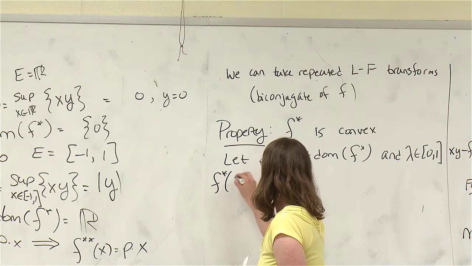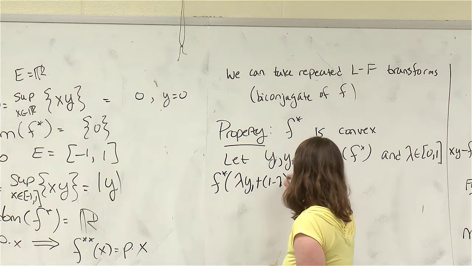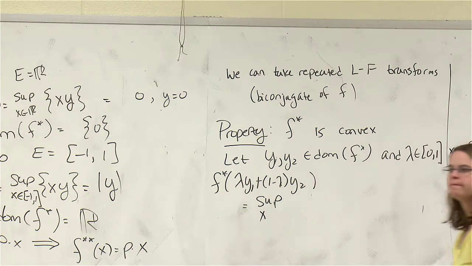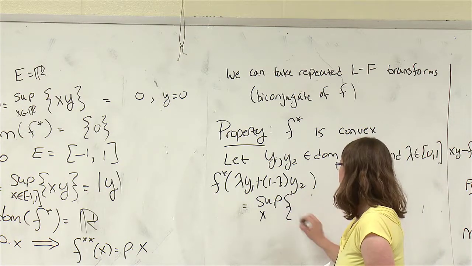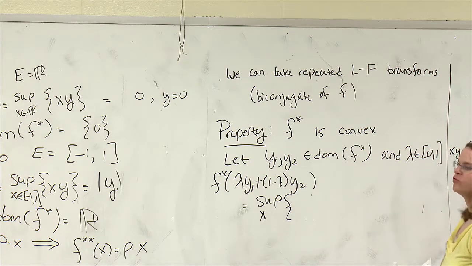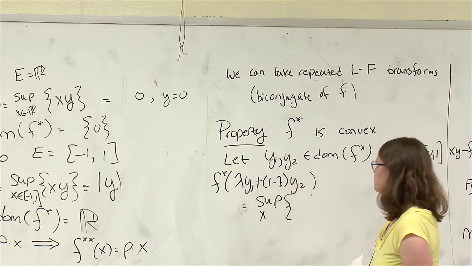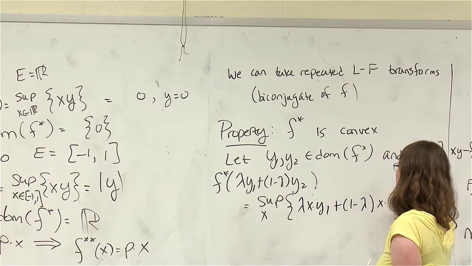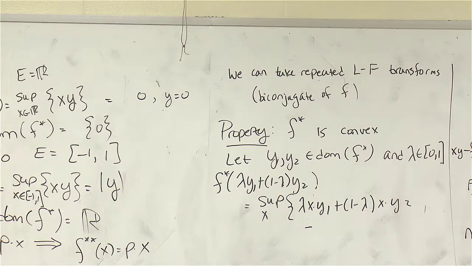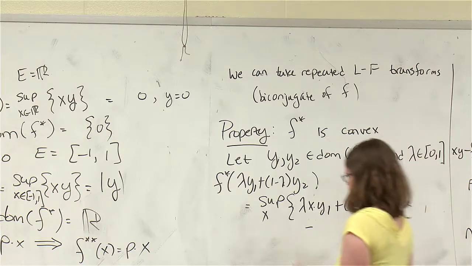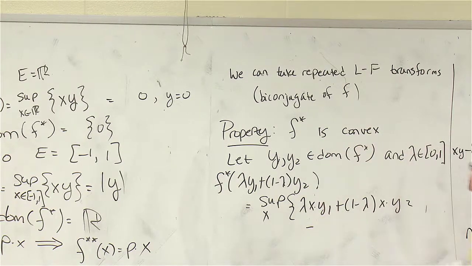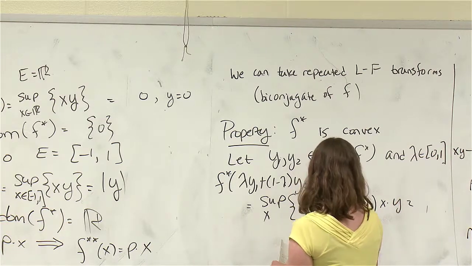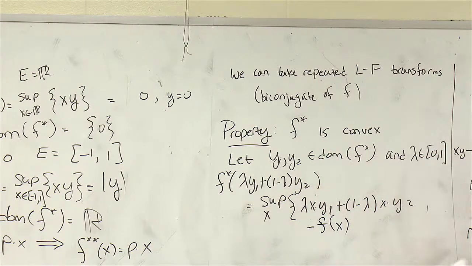f star of lambda y1 plus 1 minus lambda y2 is equal to the supremum over all x of, now we're going to have x dot y, this is my y, so lambda x dot y1 plus 1 minus lambda x dot y2 minus f of x.